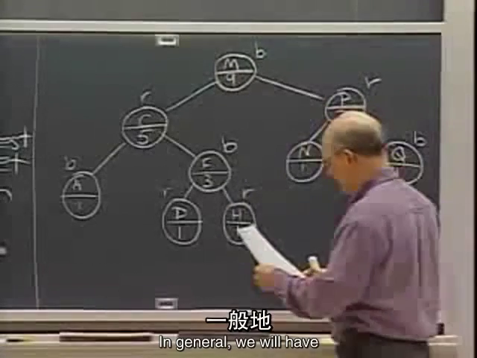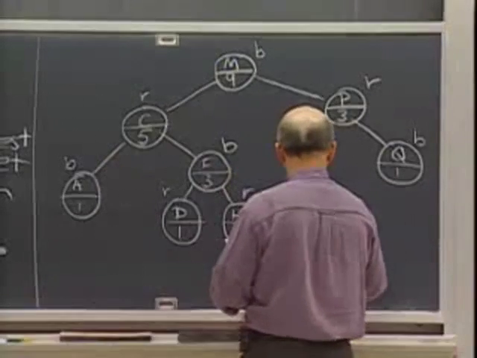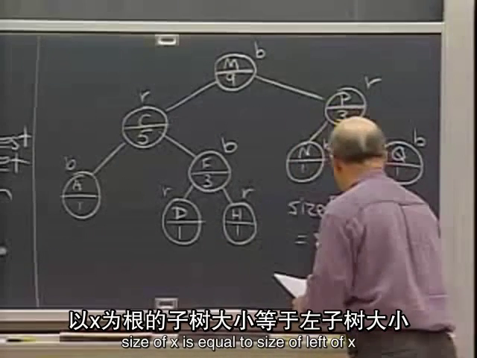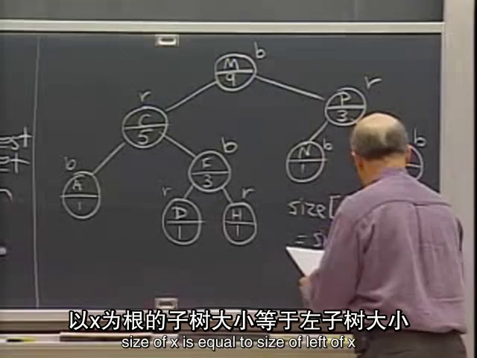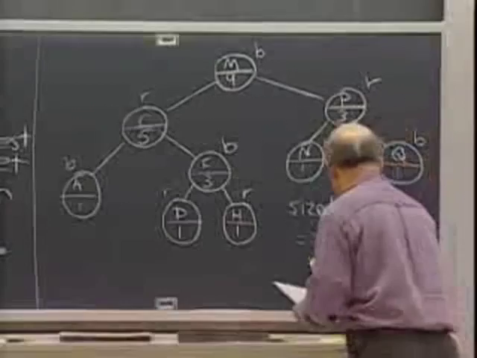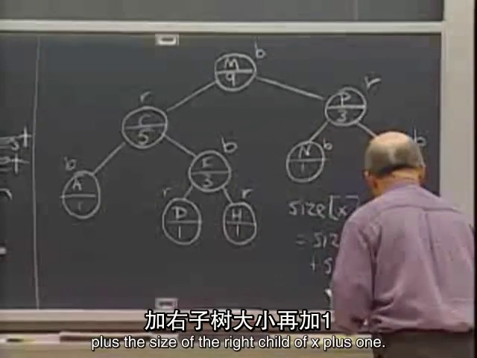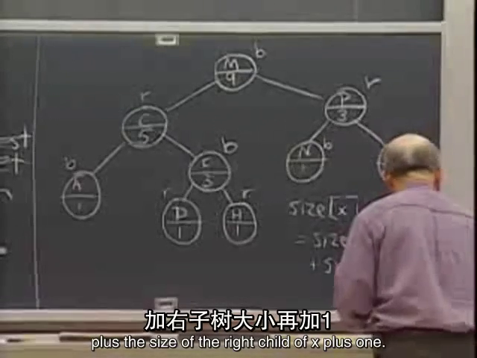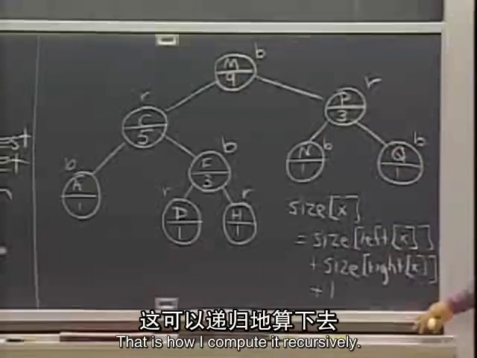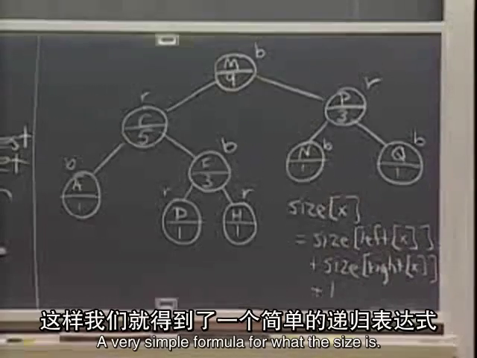Okay, so in general we'll have size of x is equal to the size of left of x plus the size of the right child of x plus 1. Okay, that's how I compute it recursively. So very simple formula for what the size is.